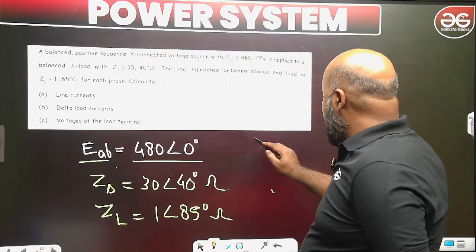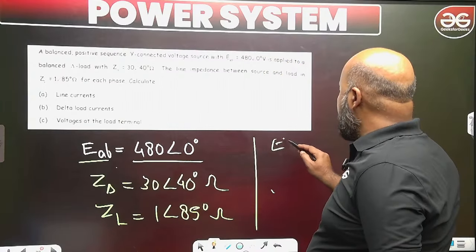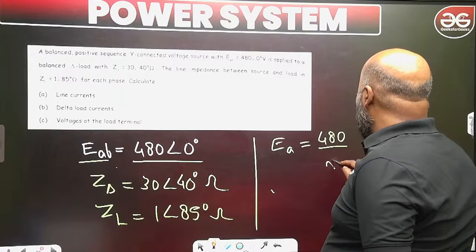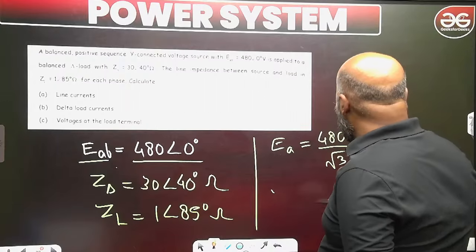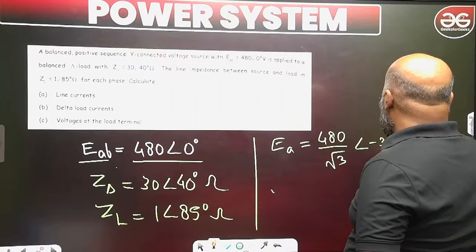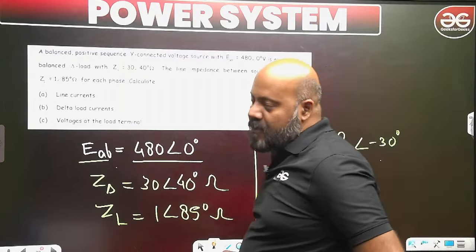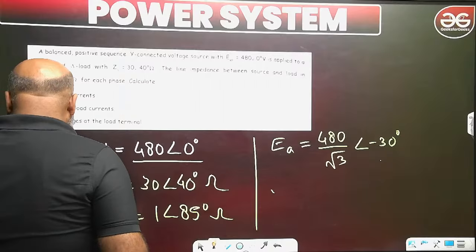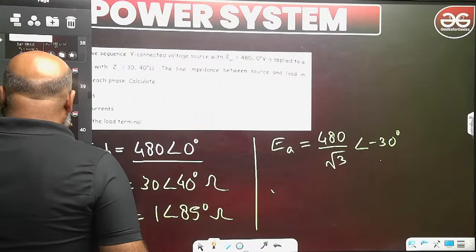If the line voltage is given, can I write the phase voltage? Yes. It is 480 divided by under root 3 because I am writing the phase voltage, and angle is minus 30 degree. Like the previous problem.